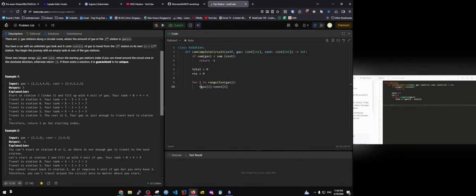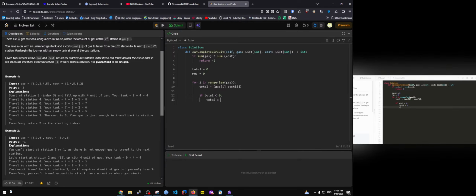And remember, the only thing we're really checking for is whether our total, since we're being greedy, dips below 0. If the total dips below 0, that means this position does not work. If it never dips below 0, that means this position is going to work. So if it does dip below 0, we're going to try the next position. To do that, we're simply going to reset our total back to 0.